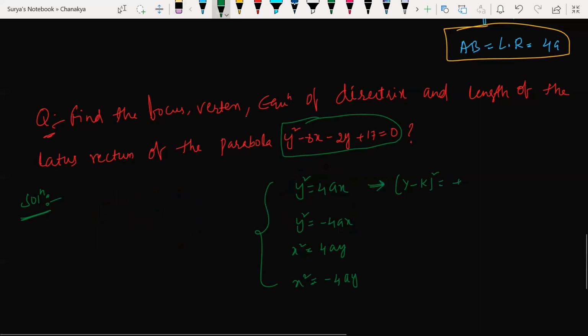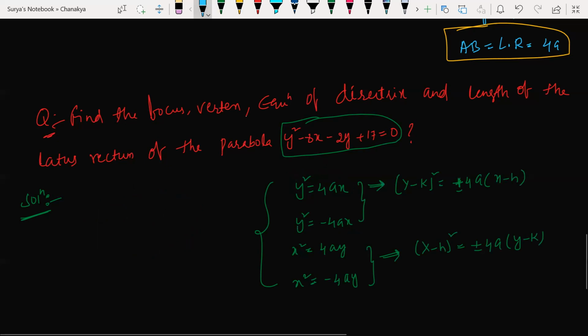And from the other two, I can write x minus h whole square is equal to plus or minus 4a into y minus k. Okay, people. So these are the parabolas, guys.